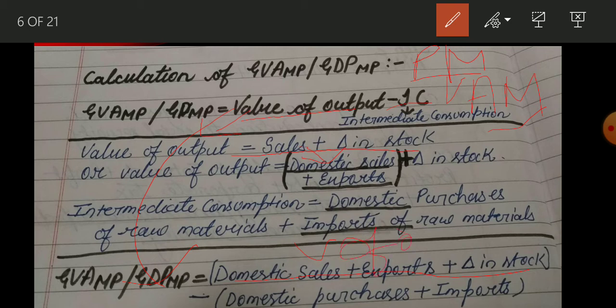And IC in detail is domestic purchases plus imports. Which equation you are going to use depends upon the items that are mentioned in the question.